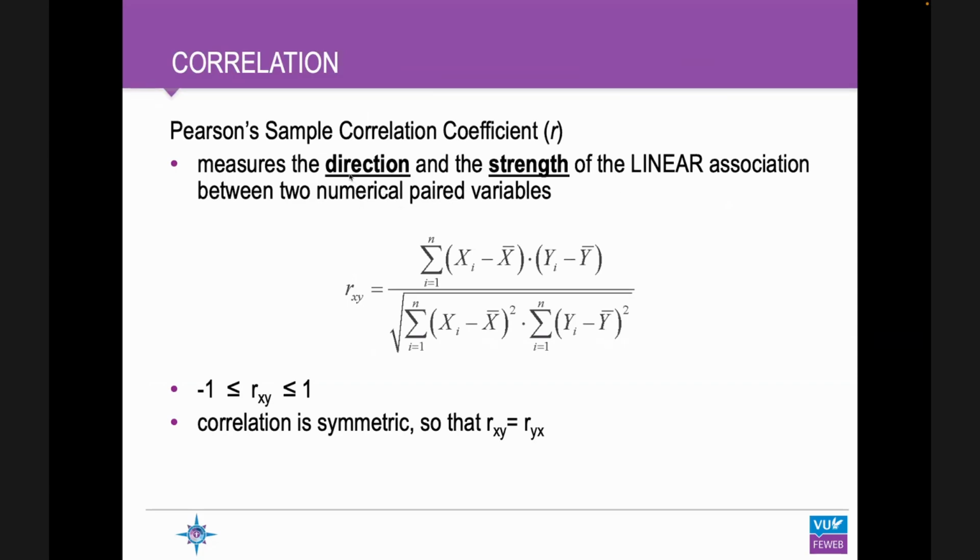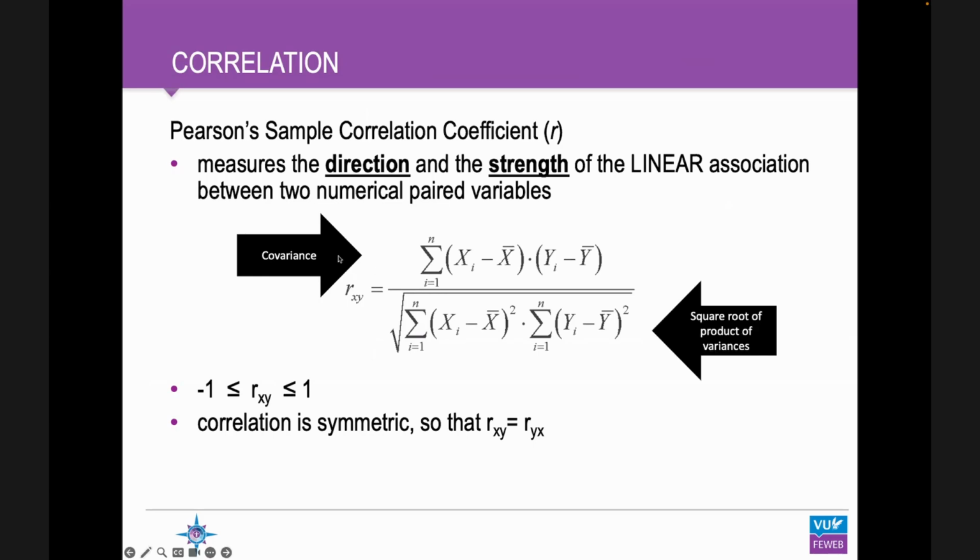As I said, direction and strength of linear association. This correlation coefficient is always between -1 and 1. If it's negative, we call it a negative correlation. If it's positive, it's a positive correlation. It's also symmetric, meaning that the correlation between x and y is the same as between y and x, so there is no difference if you first take x or y.